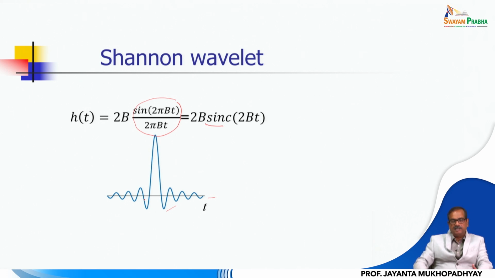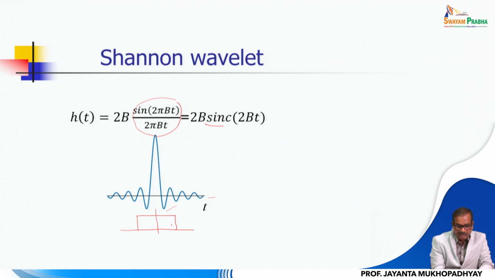So this function, if I take it, and you know its frequency domain representation, its frequency domain characteristics have a finite support, though it has an infinite support in the time domain. But still, as you say, practically it is dying down as t tends to infinity.